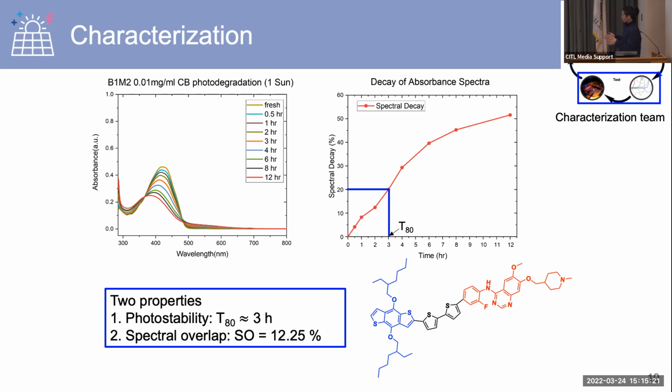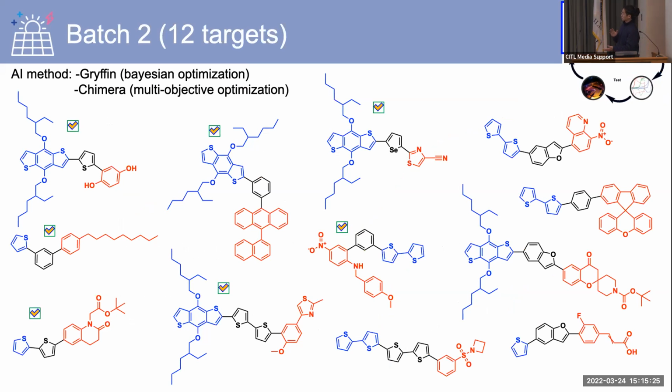This data was sent to the AI team, and based on these observations, they used Griffin and Chimera, which are known as optimization AI methods. The AI team used these two tools to suggest the round 2 molecules, and they came up with 12 target molecules.